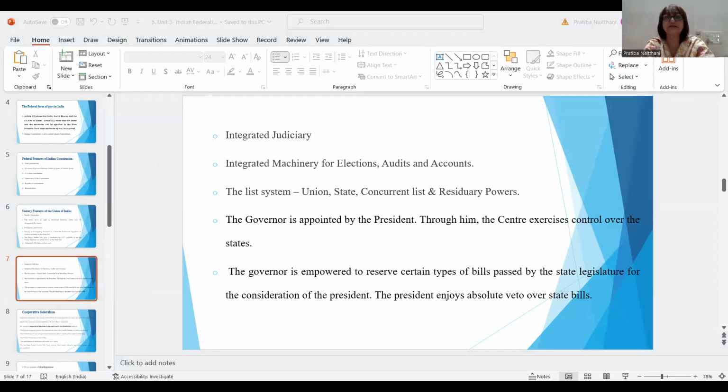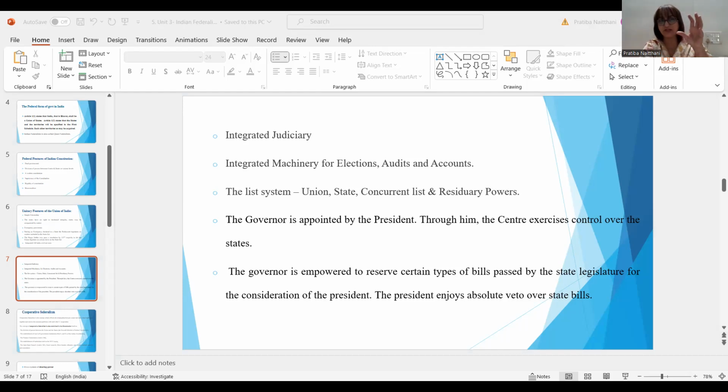One of the bills which it passed, the 99th Amendment, in fact, of the Constitution, that was in the first term itself of the NDA government. They passed the 99th Amendment Act, which said that the appointment of the judges in the Supreme Court and High Court will not be through the collegium.